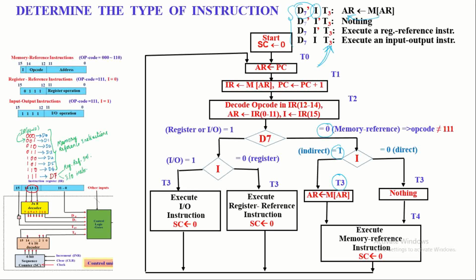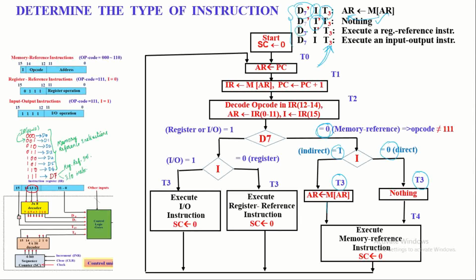That is the effective address read from the memory to the address register. And when D7 is set to 0 and the I flip-flop value is 0, during the timing signal T3 nothing is performed.